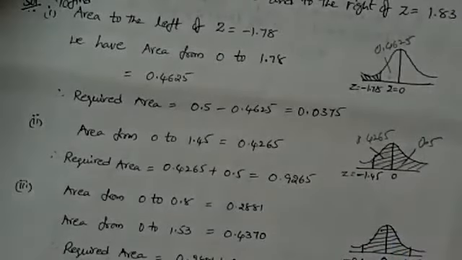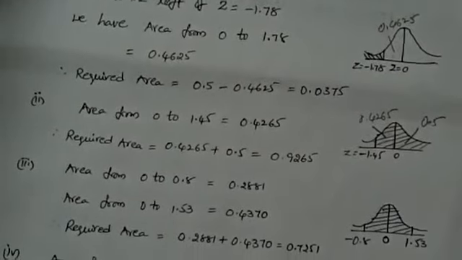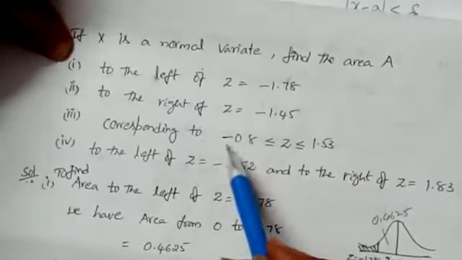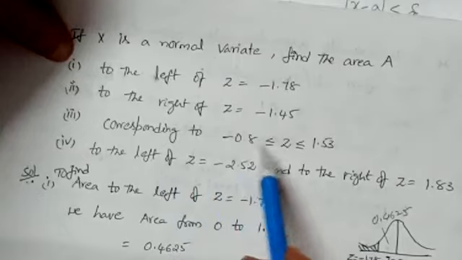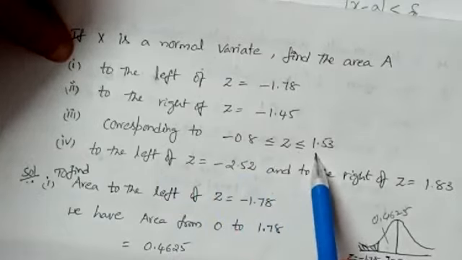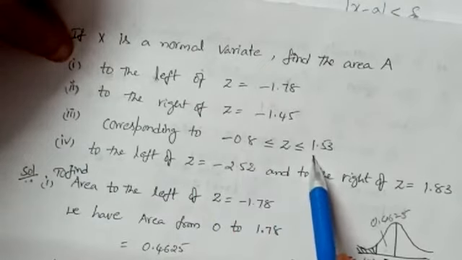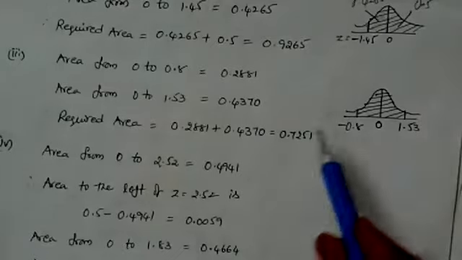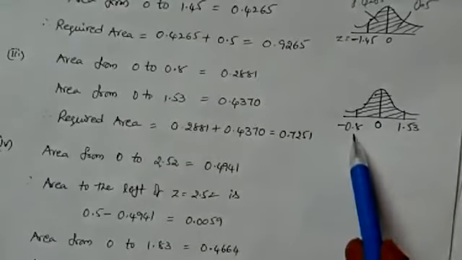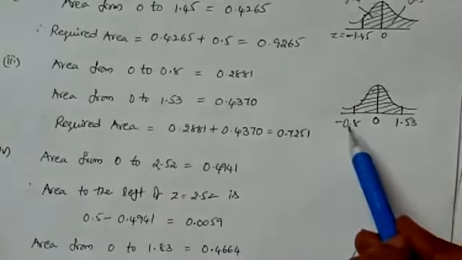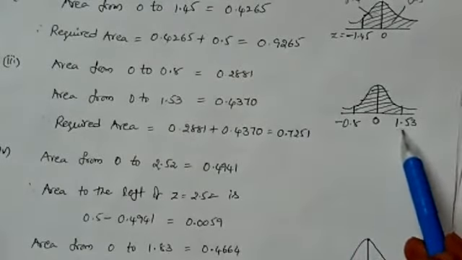Next, the third one, corresponding to minus 0.8 less than or equal to z less than or equal to 1.53. So this is the question given. So z has the limits minus 0.8 to 1.53. So how can I draw that? Here it is a normal curve, and here minus 0.8 is located, and this is 1.53.